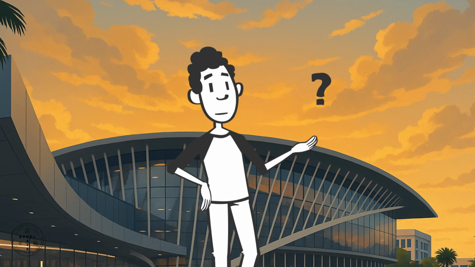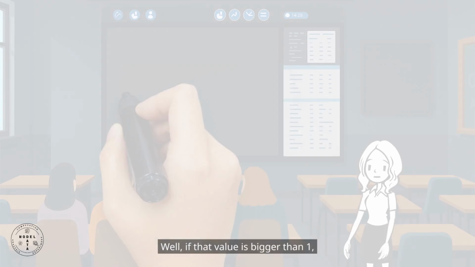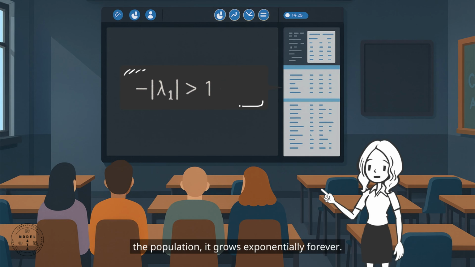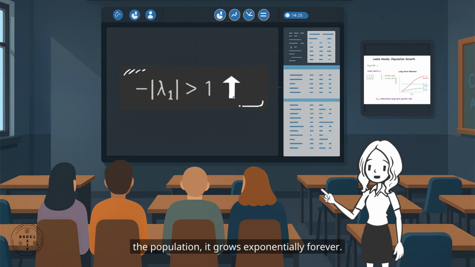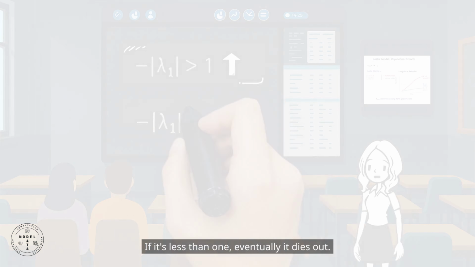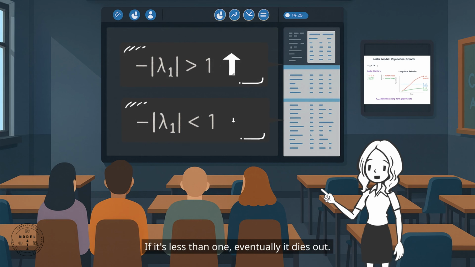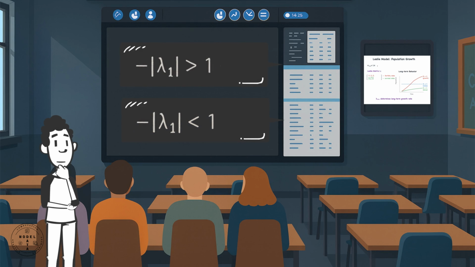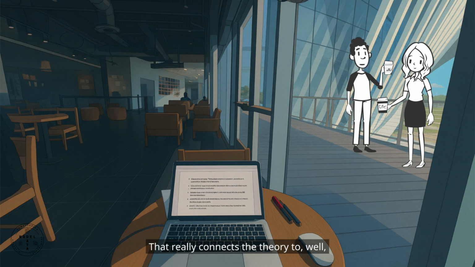Really? How so? Well, if that value is bigger than 1, the population grows exponentially forever. If it's less than 1, eventually it dies out. It collapses. That one number holds the key. Wow, that really connects the theory to actual prediction.